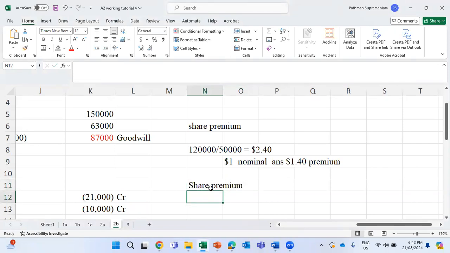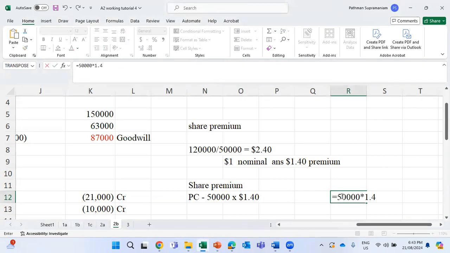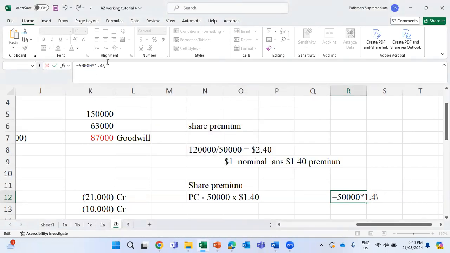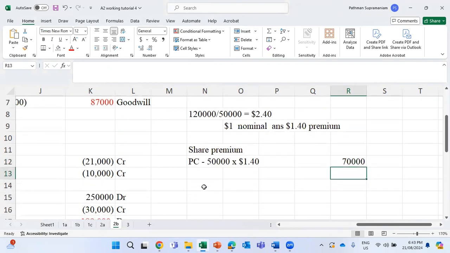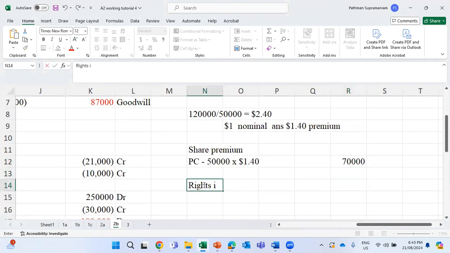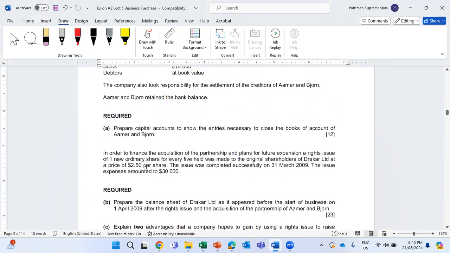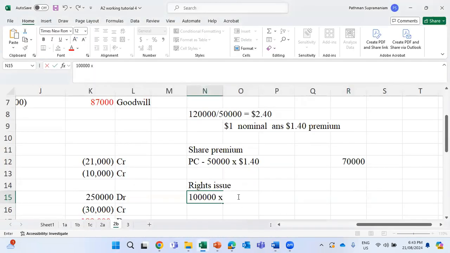So which means to calculate the share premium, okay, number of shares issued to Amir and John. So purchase consideration, 50,000 shares times premium per share. So this will give us 70,000. And then from the rights issue, we issued 100,000 shares times, okay, there the premium is different. The premium is issued at 250. 250 minus 1, so $1.50.